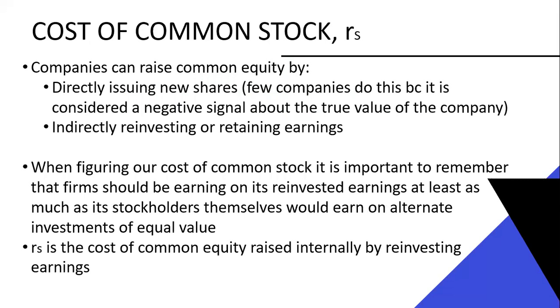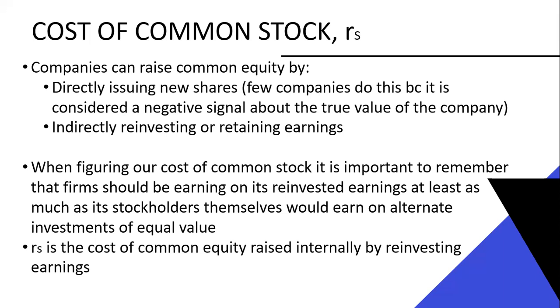Okay, next I'm going to talk to you about the calculation of the cost of common stock. One thing to remember is that there are three ways to calculate the cost of common stock, and I will explain all three. But right up front, this R with subscript S, the cost of common stock, can be calculated using the CAPM approach, which I'll discuss first.